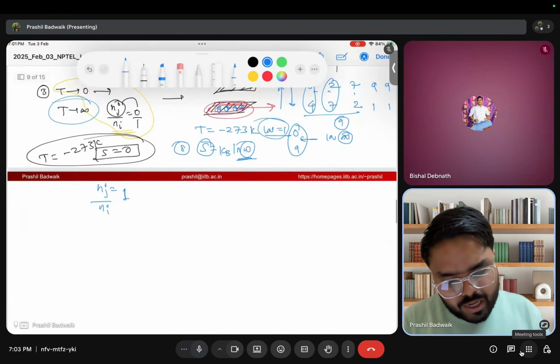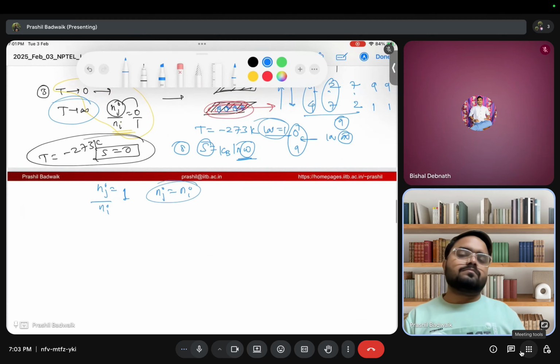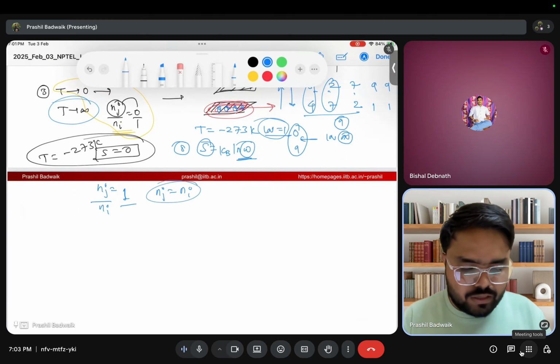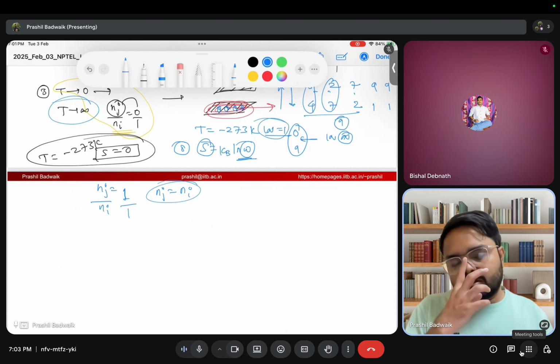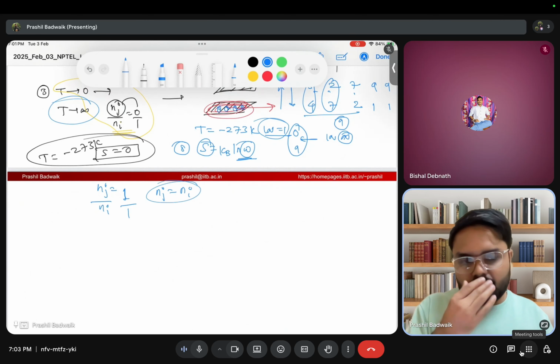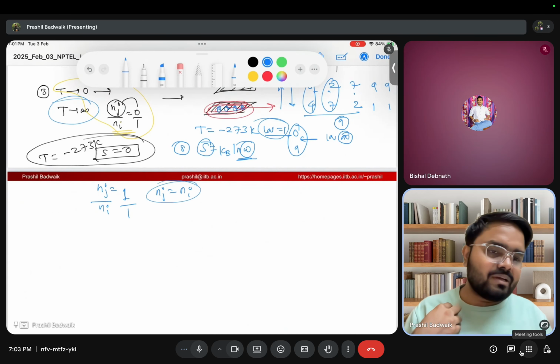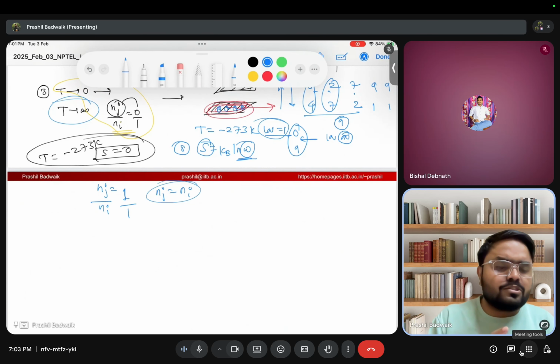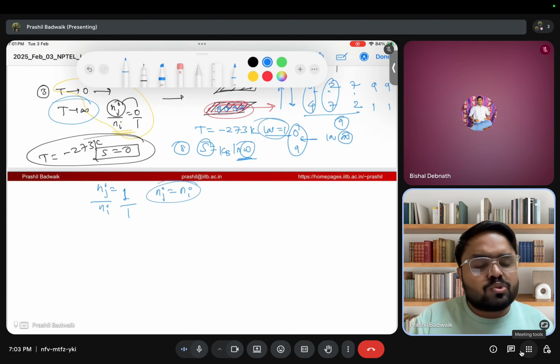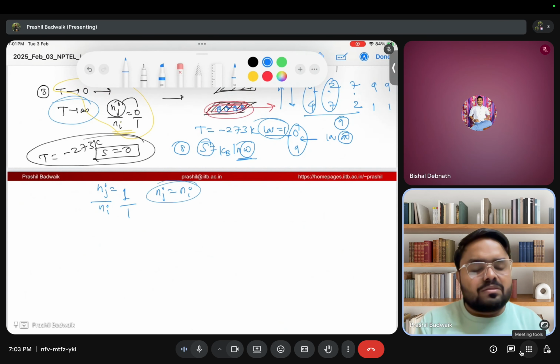That means Nj equals Ni. Molecules in all the states are equally probable, and there is almost an equal distribution of molecules. So this tells you probability can be used to understand thermodynamics, right?